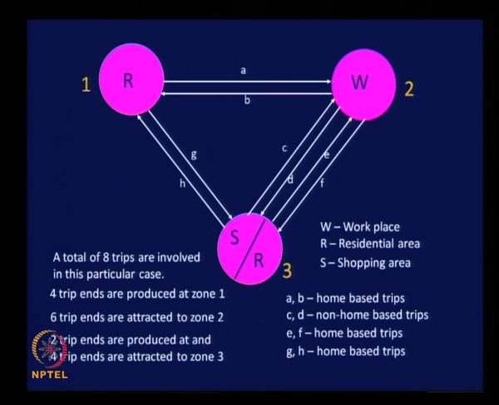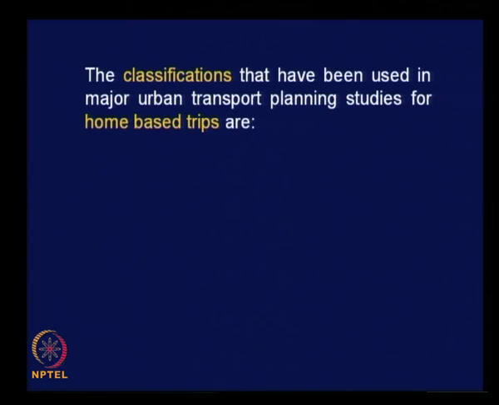Right. Let us proceed further. The classifications that have been used in major urban transport planning studies for home based trips are as follows. Anybody who can think of the different types of home based trips?